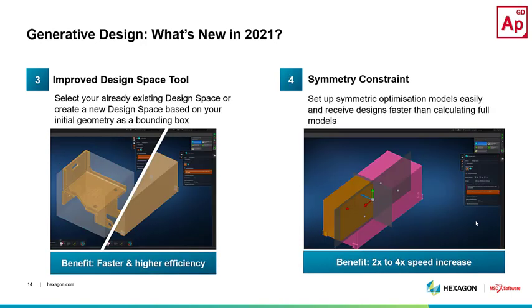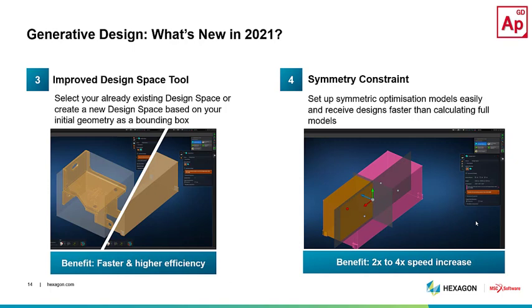Okay. So let's talk about the next thing, which is improved design space tool. You can see here that we've got the bounding box of your part. This bounding box you can create very quickly as your initial starting point for your design space inside of Apex, and that is a new technology that we are very proud of.